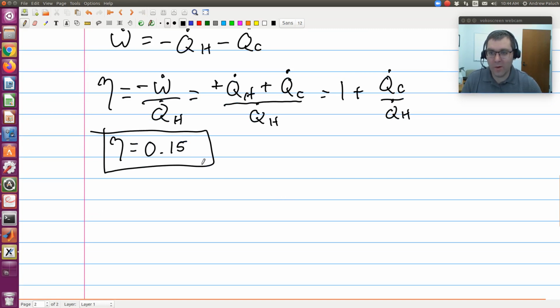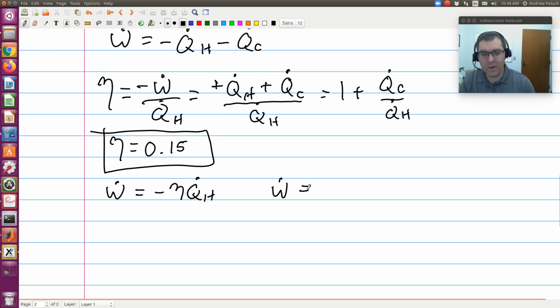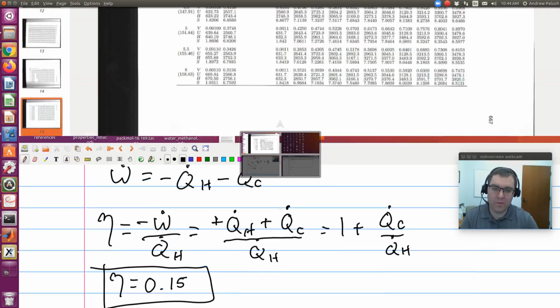So eta is 0.15. If I wanted to solve for W, then W dot is going to be equal to negative eta times Q dot H. This is the net work produced by my system.